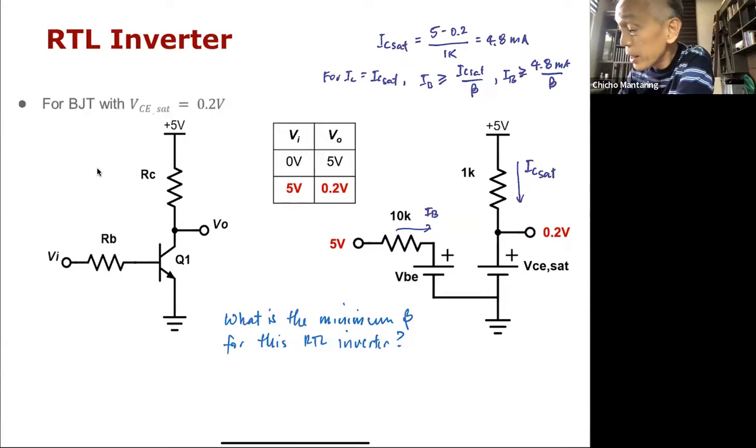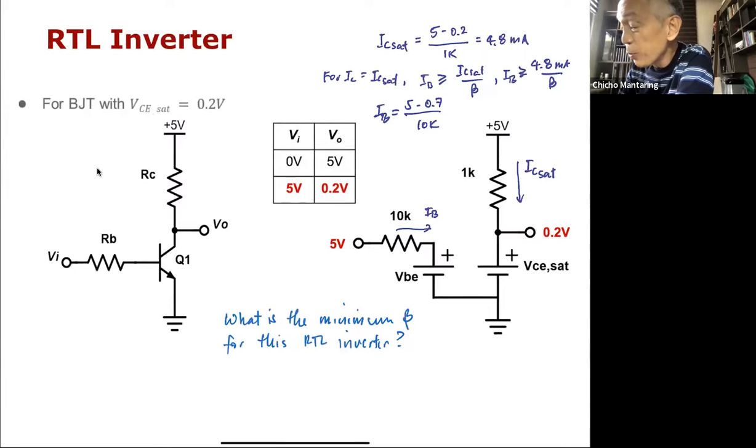Okay, but what is IB? No, what is my formula for IB? But IB is equal to 5 minus 0.7, 5 volts minus 0.7 over 10K. No?